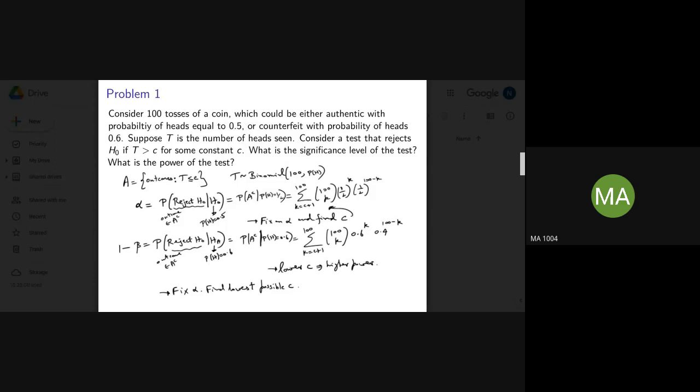And what is your alternative hypothesis? 0.6. So I can also say that probability of head is greater than 0.5. Yes, we can say. That will be composite.